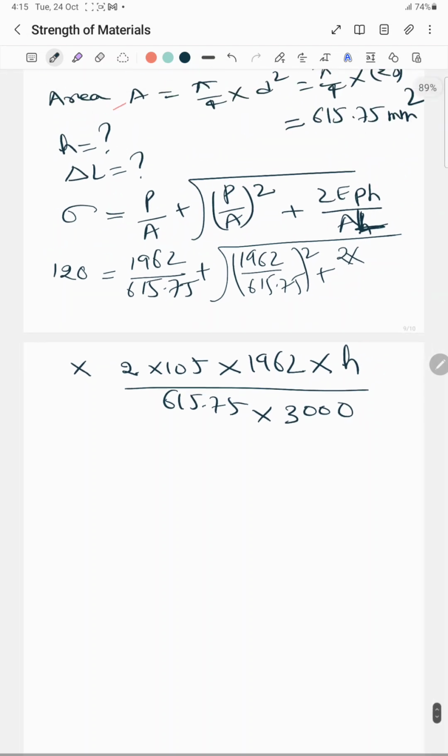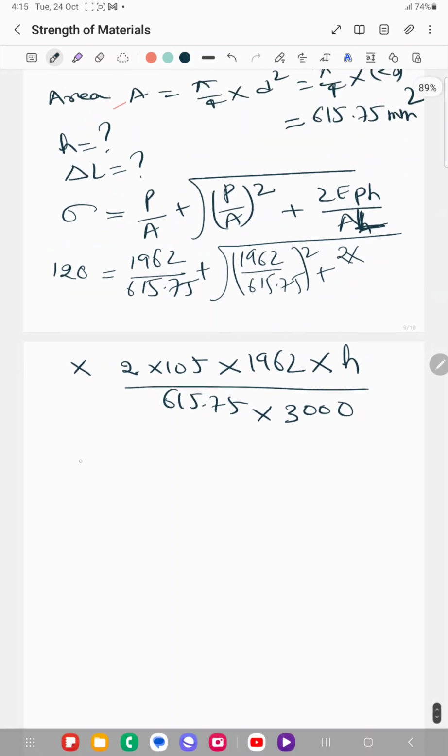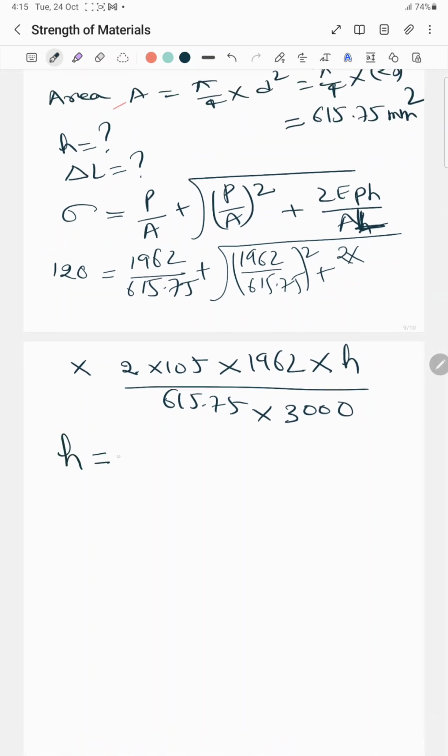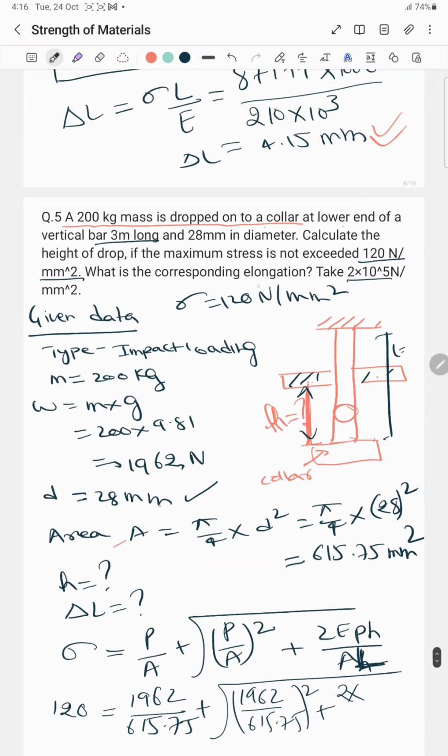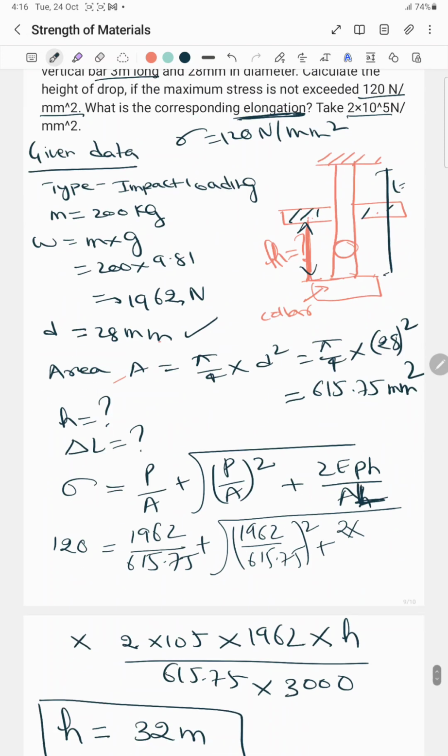After evaluation, the h value is equal to 32 meter. Now this is the height of the load to the collar distance. In the question, we need to find the elongation as well.